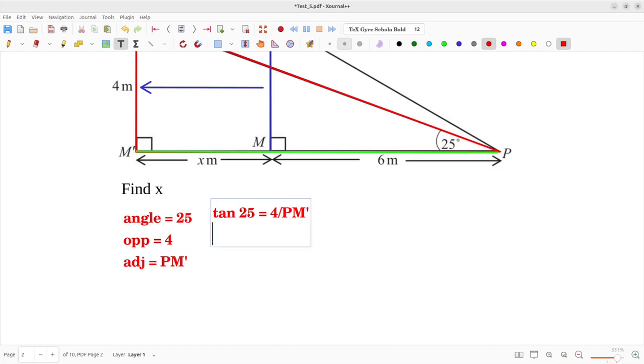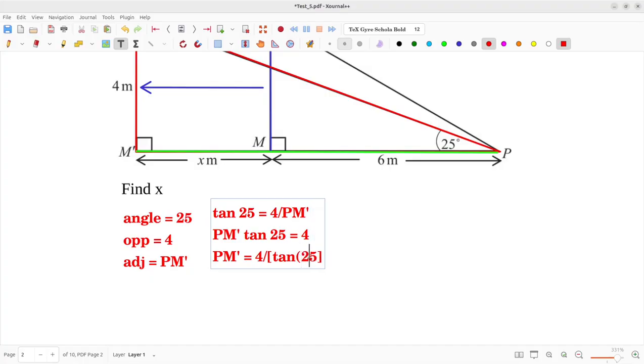Now making PM prime the subject, you do the cross multiplication to get PM prime tan 25 is equal to 4. Divide both sides by tan 25. You get PM prime is equal to 4 over tan 25.